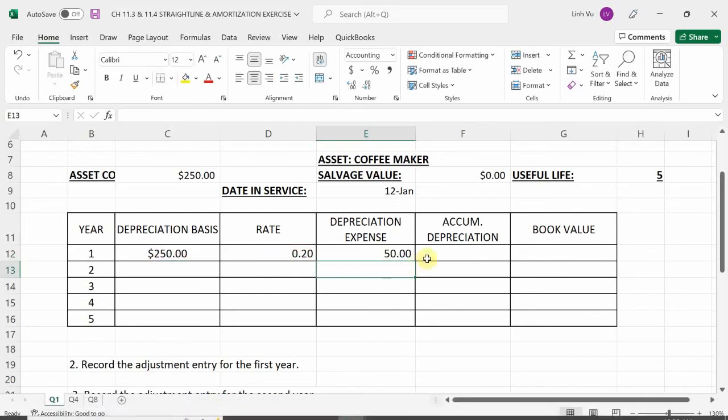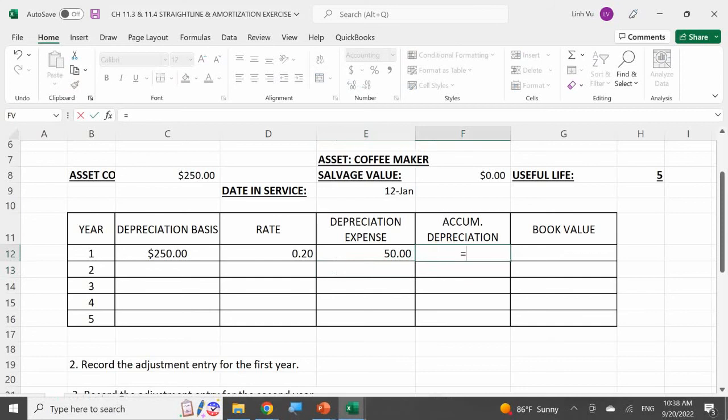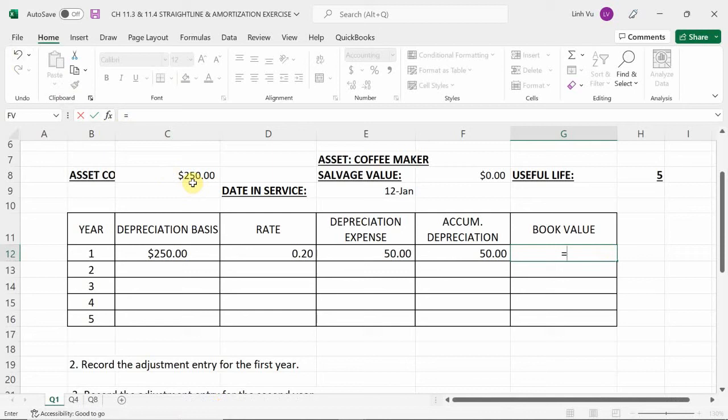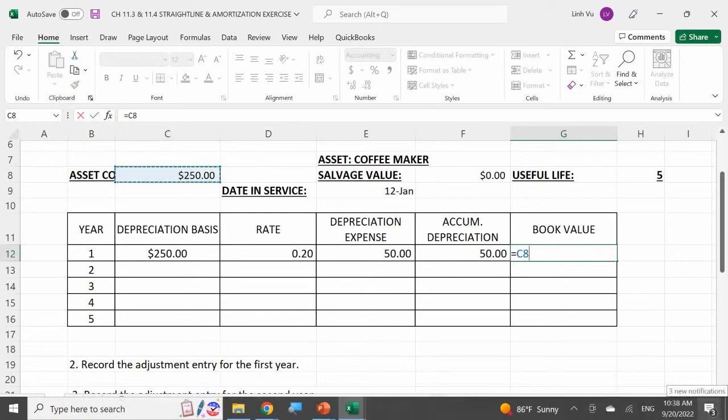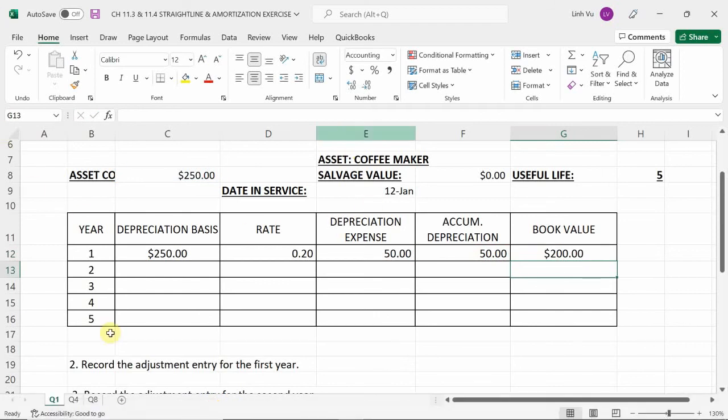So therefore, my accumulated depreciation is $50. So what is going to be my book value? $200. Good. Okay. So let's go ahead and do year 2.